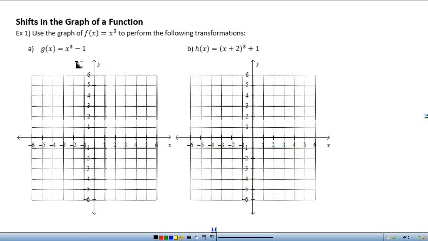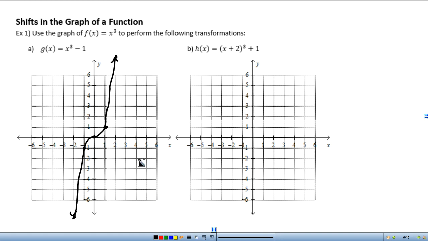I have y equals x cubed minus 1. So if I want to graph y equals x cubed, here's my traditional graph of y equals x cubed. It's kind of down here and it's kind of up here, going like that, and going like that. Okay?